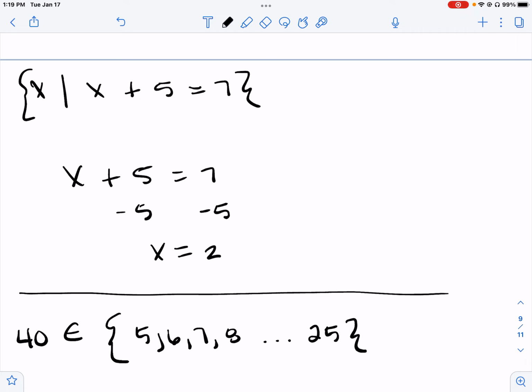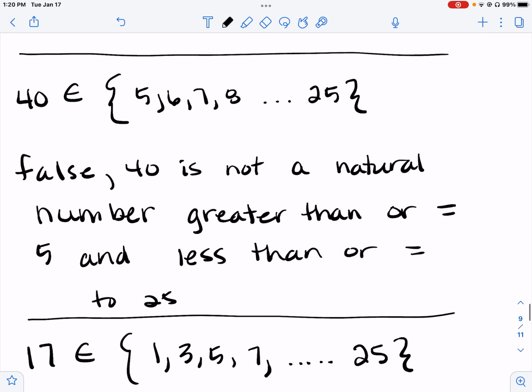Okay, what if we said X such that X plus 5 equals 7? We would do our algebra and see that X equals 2. Is 40 an element of the numbers 5 through 25? That is false because 40 is not between 5 and 25.